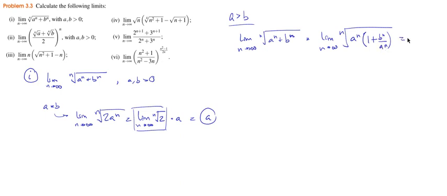So you will see now, you have the limit when n goes to infinity of a times the nth root of 1 plus b over a to the n.